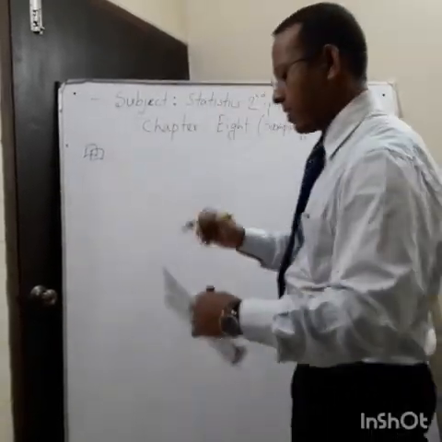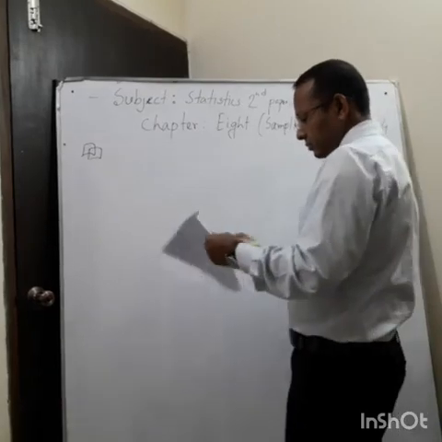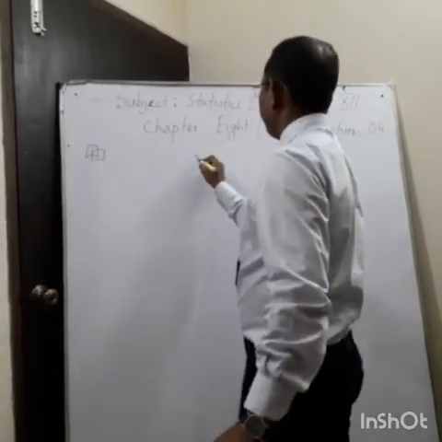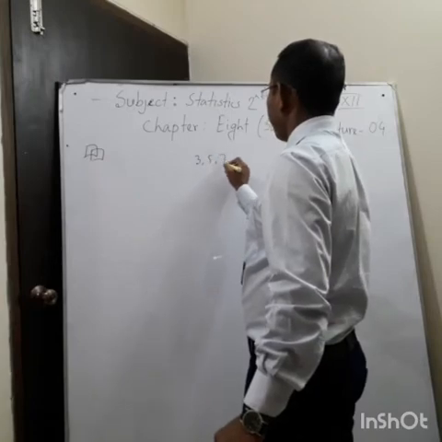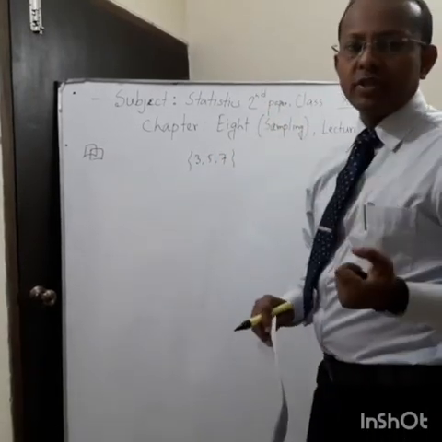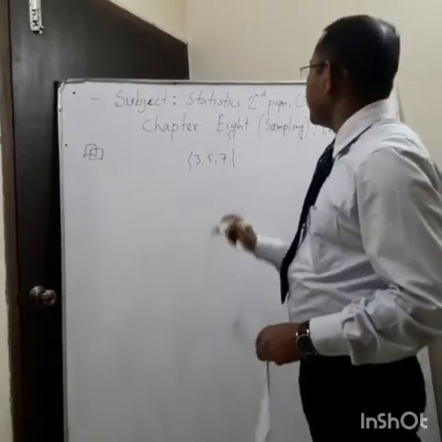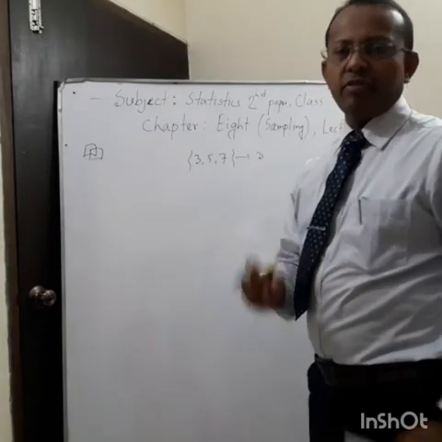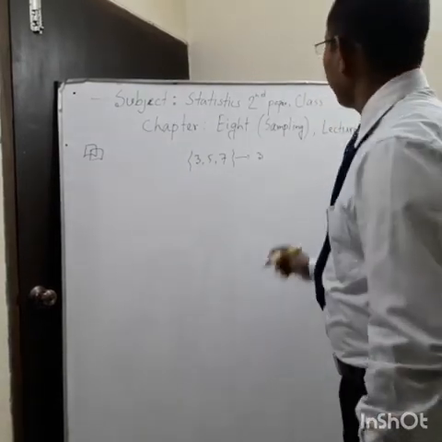Suppose 3, 5, 7 is a population, and the population contains only 3 units or 3 elements.